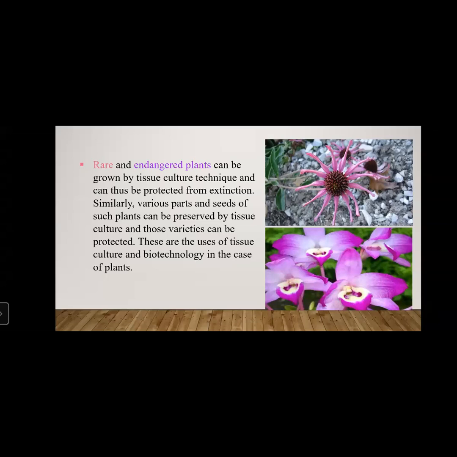We have studied about the two techniques that are used in biotechnology. First was genetic engineering, in which the genetic makeup of the organism is changed by altering the genes in them, and we get an entire organism with some new trait.